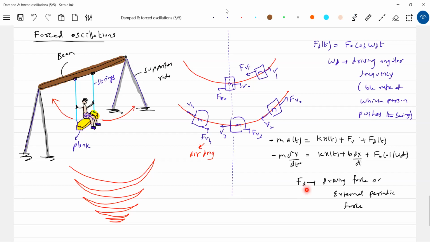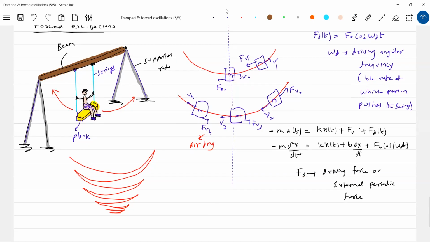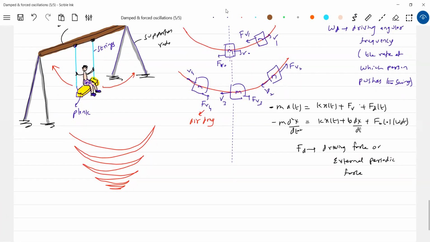When you apply this driving force, what will happen? The swing will start vibrating with the frequency of this driving force. So the basic point, I'll write some explanation here.